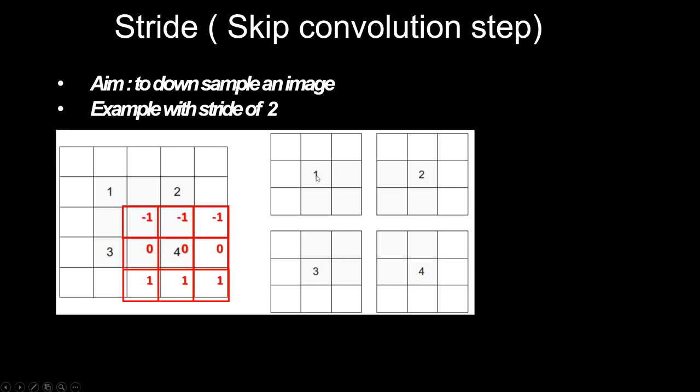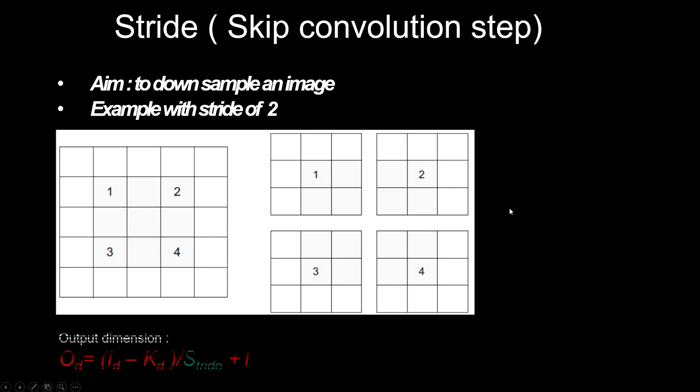If you look at this illustration, the input image is 5 times 5. Once you perform the convolution with stride of 2, your output dimension will be only 4, because you have only 4 valid locations where you can perform the convolutional process.